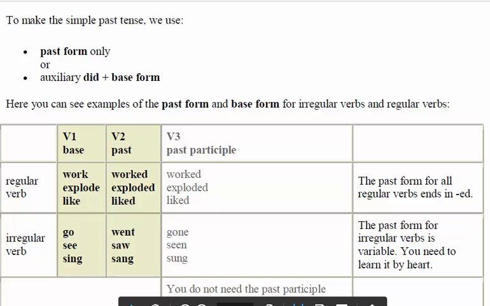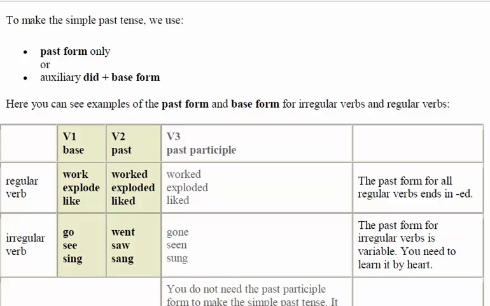Sing, sang, sung. So these are some irregular verbs, and the key point is that the past form of an irregular verb is variable. You need to learn it by heart. You do not add ed to every word, so that is not the way.